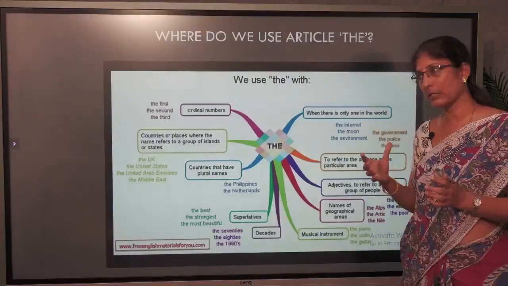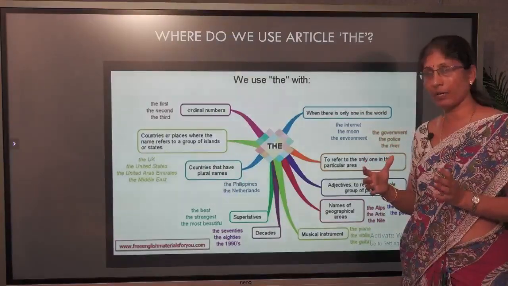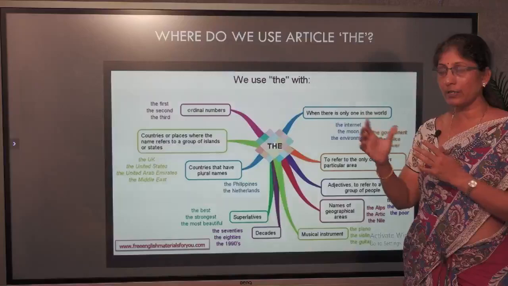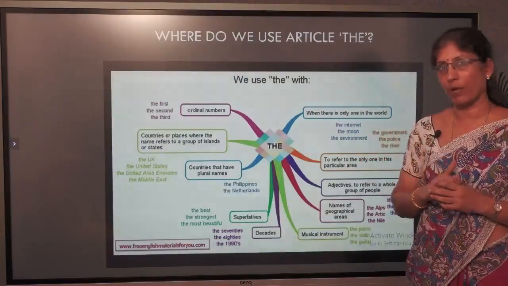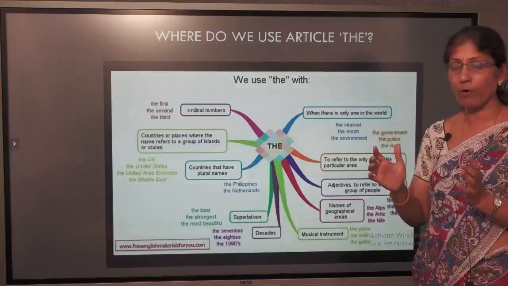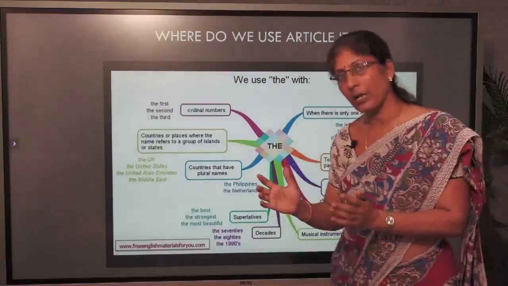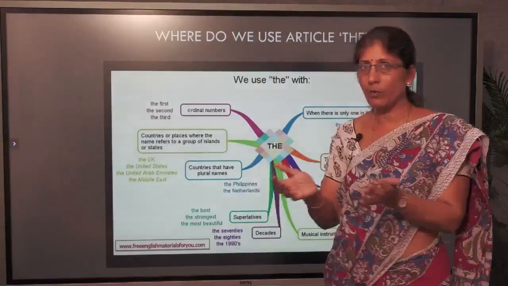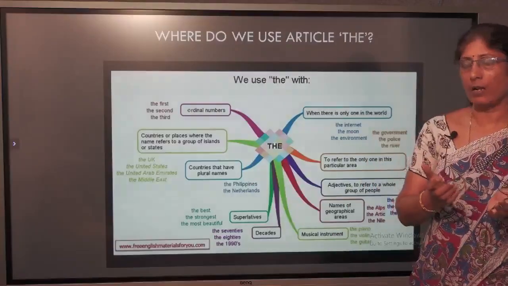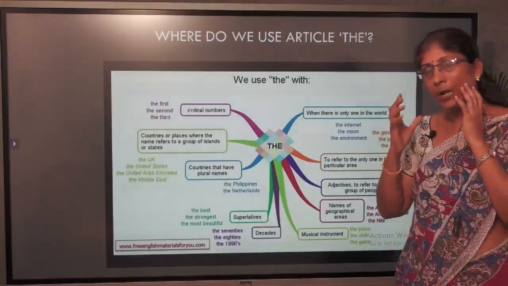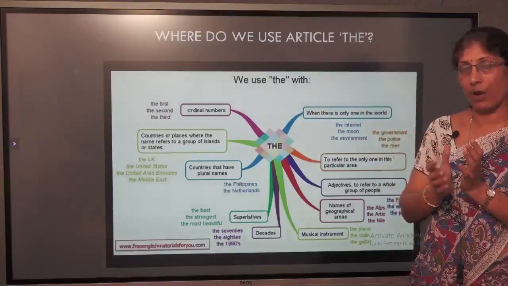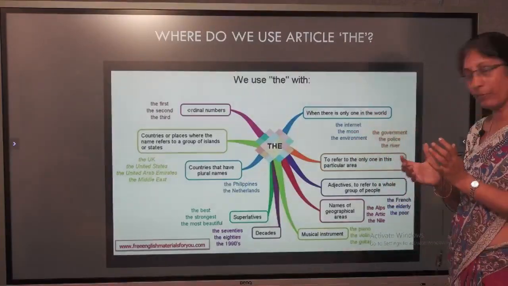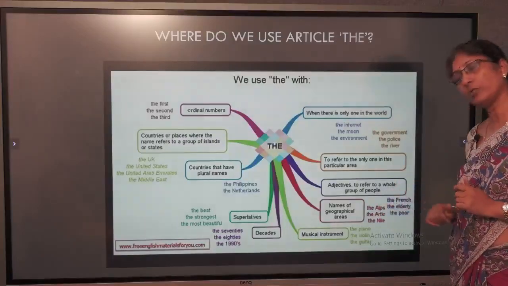That means the music that I am learning. Suppose I want to buy a piano, then I have to say a piano, right? Not the piano. That means when you talk about a thing, then you use a or an. But if I am talking about learning music, the music by piano, the music with violin, the music with guitar, then I use the.